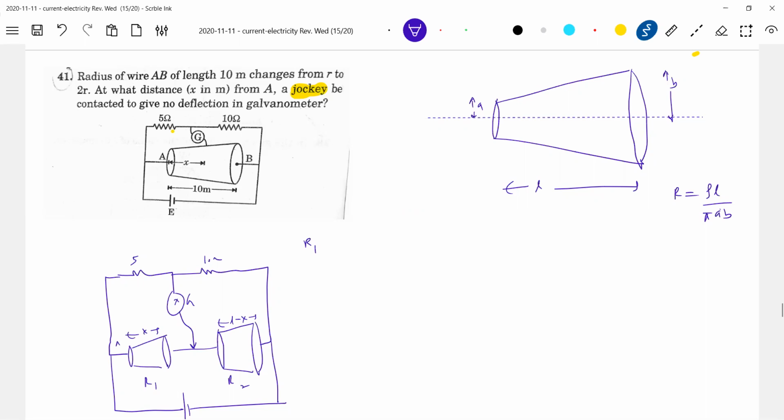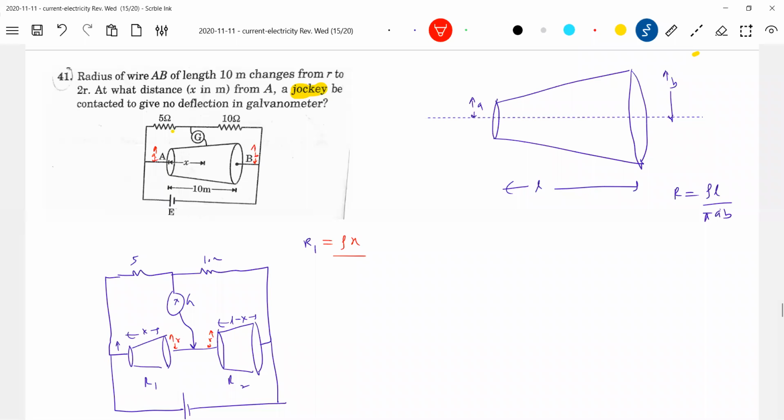As usual, let the radius of this be A. This is B. Somewhere in between, this is R. Okay, now what is R1?